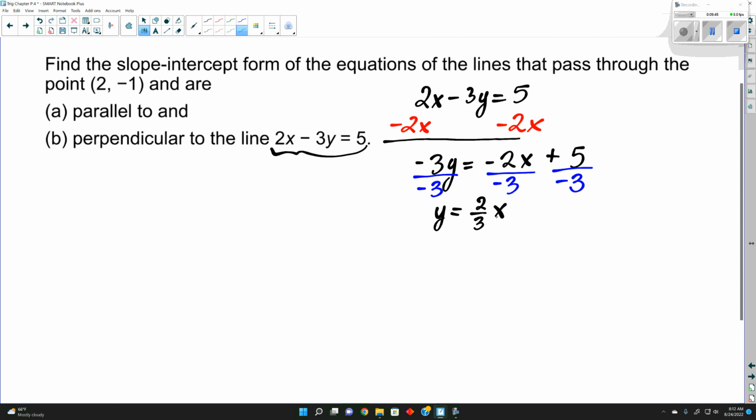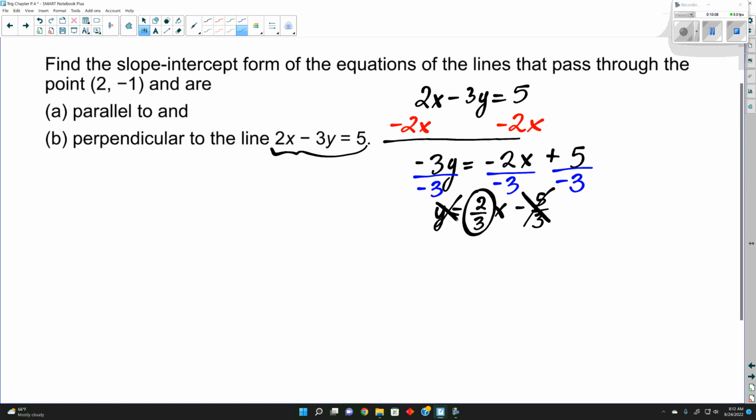No, right? So does it really matter what 5 divided by -3 is? No, because all I really want is this. It works out that it is -5/3, but that doesn't matter really. The fact that it now equals y doesn't matter. We just want the slope, because that's the only thing we need from that equation.